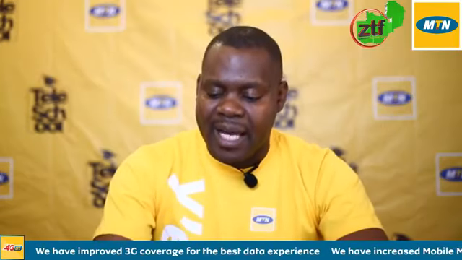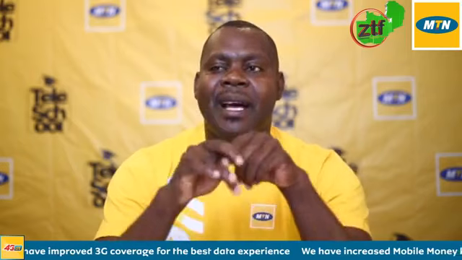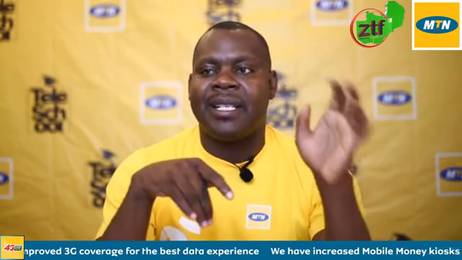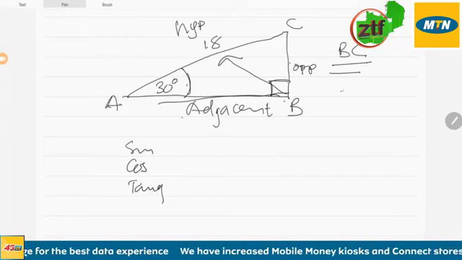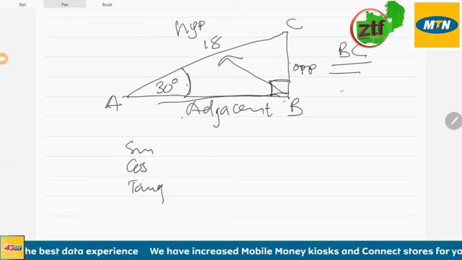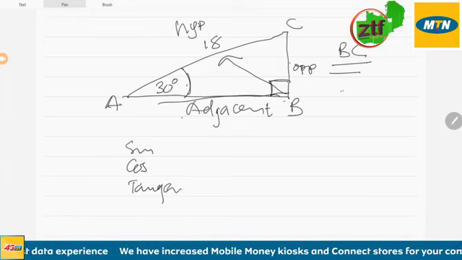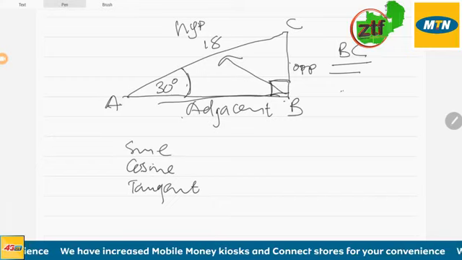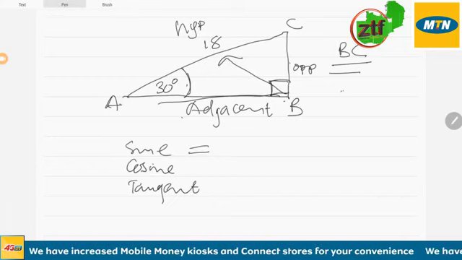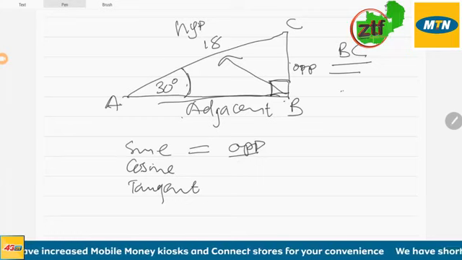So since it's a right angle triangle, we have in mind the three trig ratios that apply in the right angle triangle: the sine, the cosine, and the tangent. I guess you are able to remember this when you did trigonometry in grade 11 at secondary school. So what does sine state? Sine states is opposite over hypotenuse.